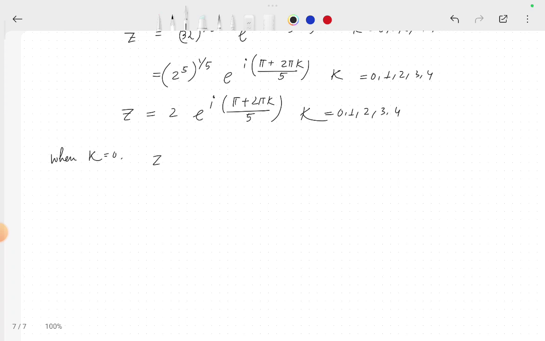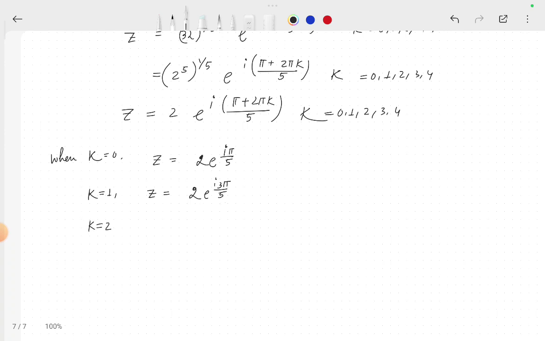When k equals 0, z equals 2 e to the power i pi by 5. This is the first root. When k equals 1, z equals 2 e to the power i 3 pi by 5.